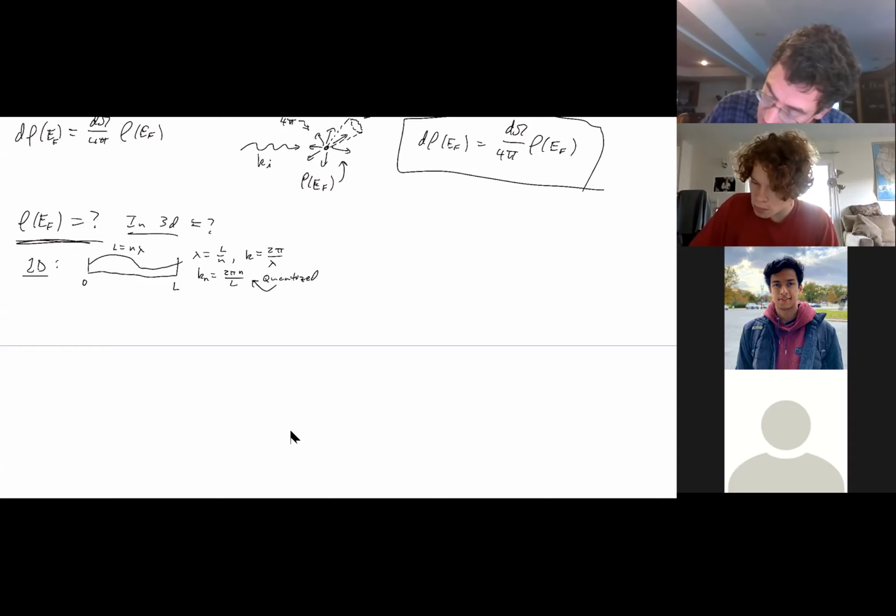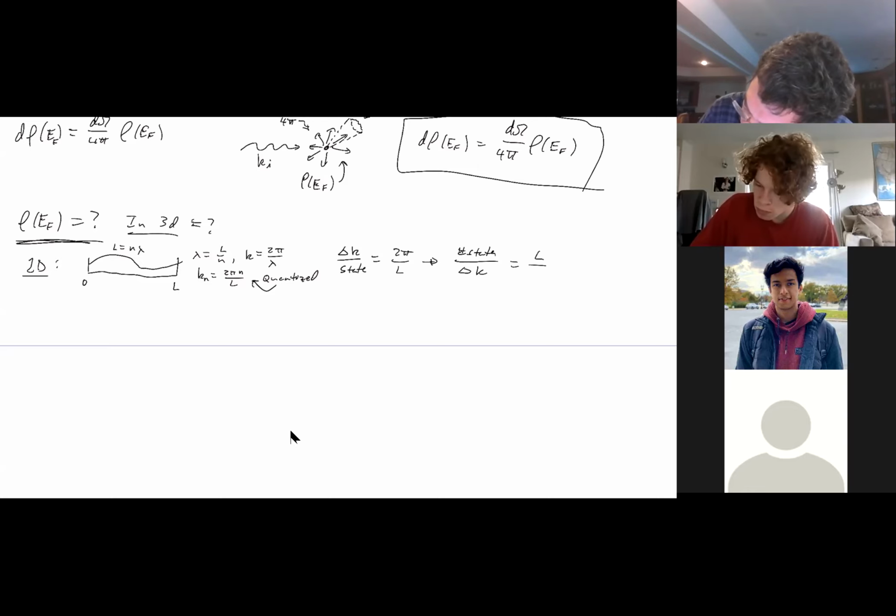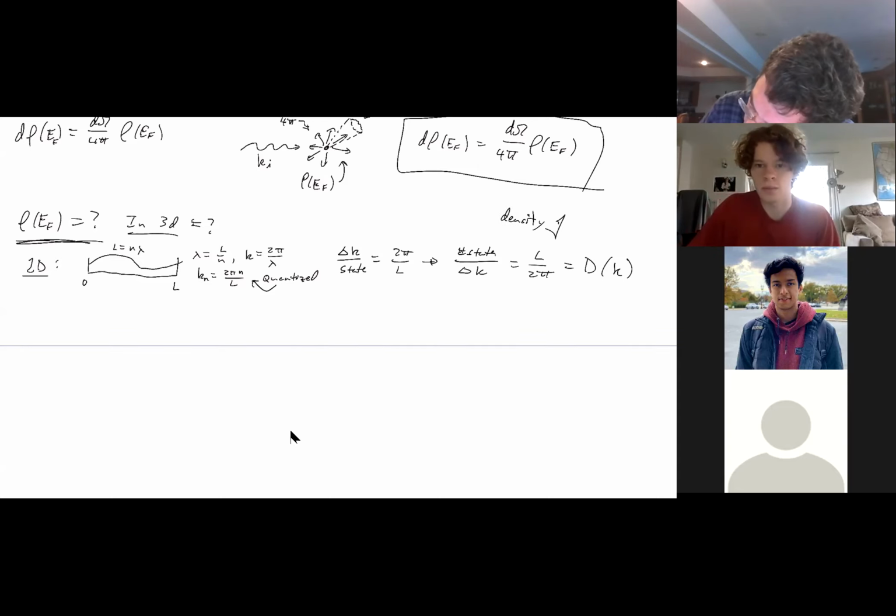And so then we have delta k per state is equal to 2 pi over L. And so then we have the number of states per k is equal to L over 2 pi. And so I can call that the density of states in k space.